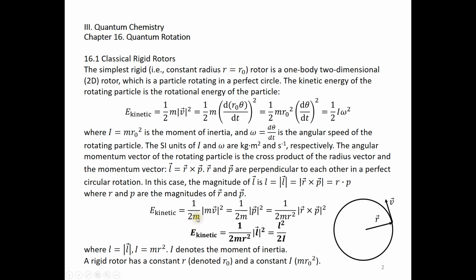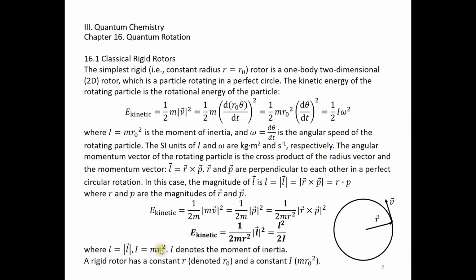The kinetic energy can be written as 1 over m times mv squared, and this means the kinetic energy can be written as p squared over 2m. In this case, with a perfect circular motion, it's 1 over 2m r squared, and then we have r cross product p squared. So we can also rewrite the expression of the kinetic energy of a rotating particle in a perfect circle.